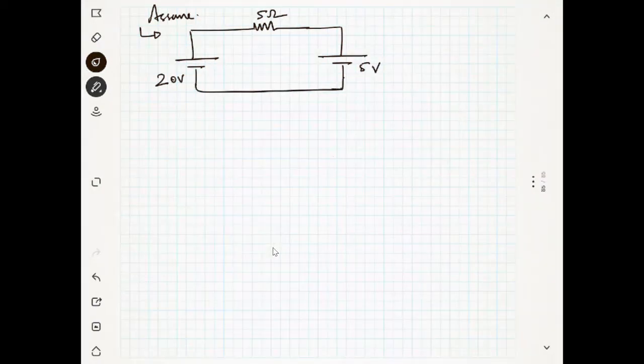Can you tell me what will be the current here? I can assume the Kirchhoff law like this. Let us assume that I have a current I.